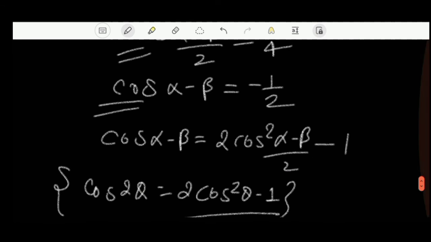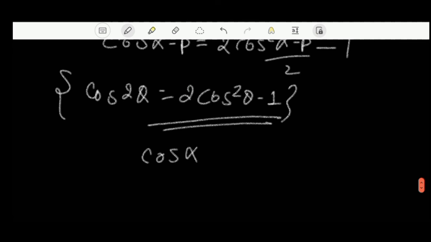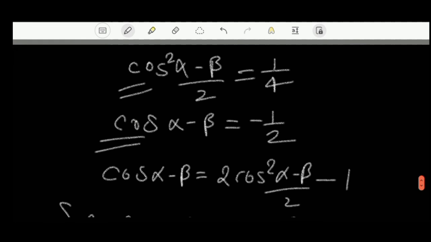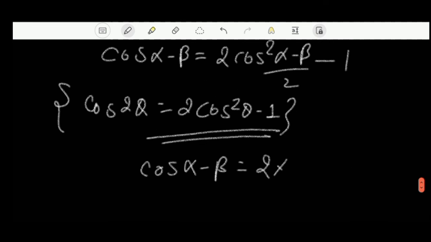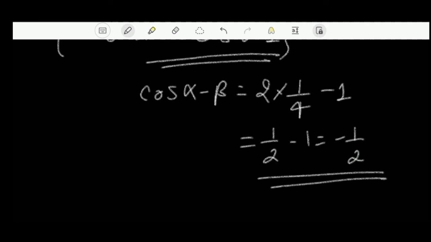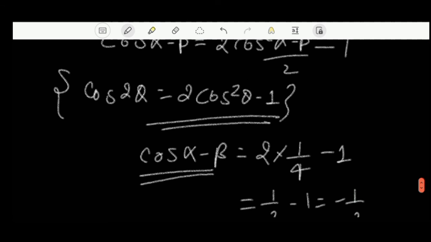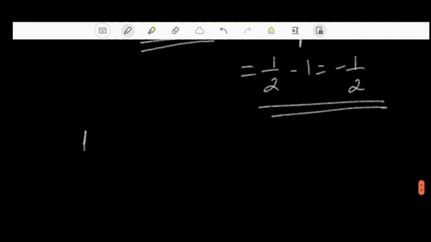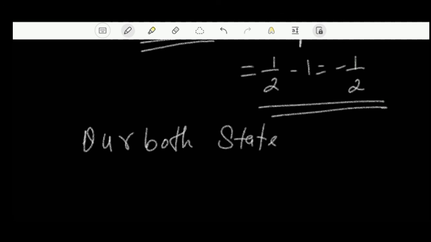And now we can put the value 1 by 4 here, minus 1, and after solving this we'll obtain 1 by 2 minus 1 equals minus 1 by 2. So it simply implies our previous result that we already have obtained. So it simply means that both statements A and B are correct.